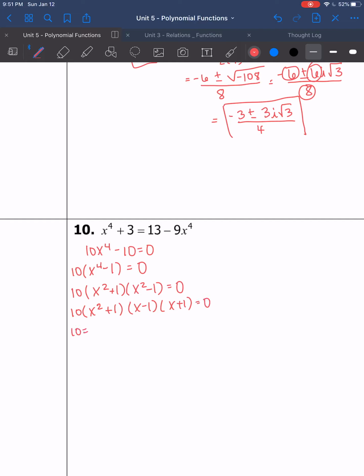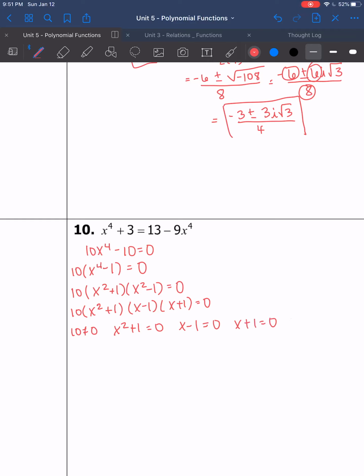10 never equals 0, so that doesn't really matter. You don't have to write that every time if you don't want to, as long as you know that it's not a factor. Don't tell me that 10 is a 0, because I will count it wrong every single time. X squared plus 1 equals 0, x minus 1 equals 0, and x plus 1 equals 0.